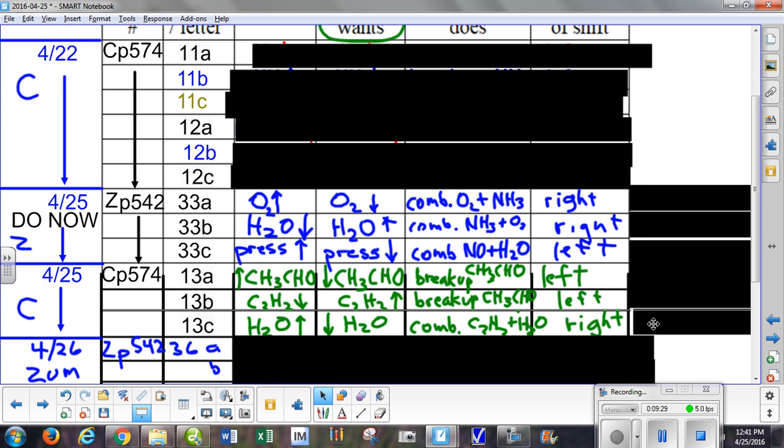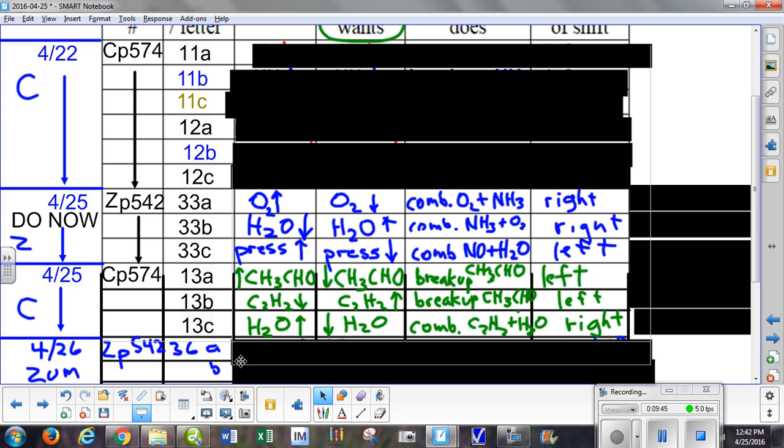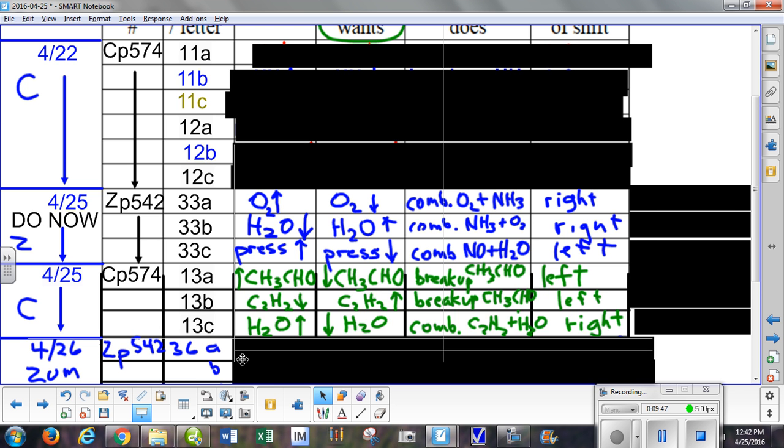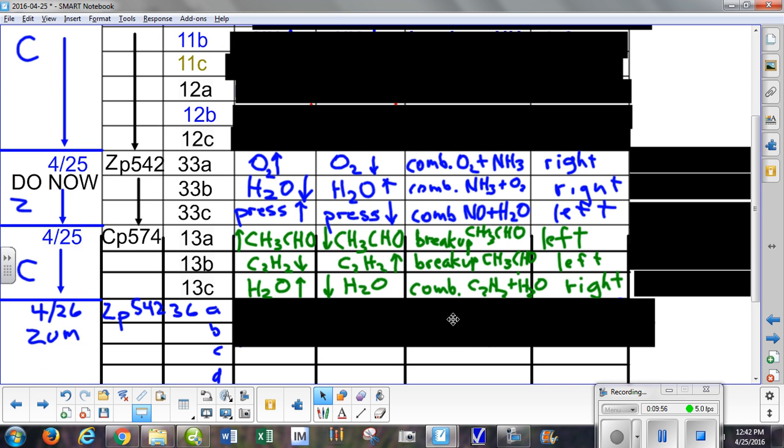And so the ethene and the water become reactants, and the CH3CHO is becoming the product the way it would naturally be if we didn't have an equilibrium reaction. So we always refer to the ones on the left as the reactants and the ones on the right as the products. But with the reversible reactions, we have that issue that we have to consider.